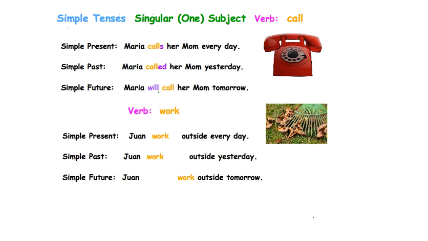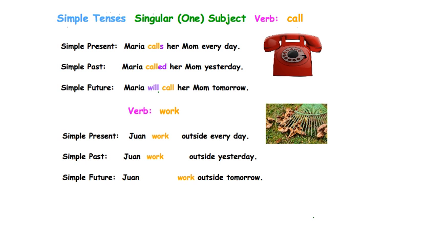As you can tell by the picture that we have here, this is a picture of an old-fashioned phone. Of course, today everyone uses cell phones. So we're going to use the verb call to show how we change the verb to be in the present tense, the past tense, and the future tense.